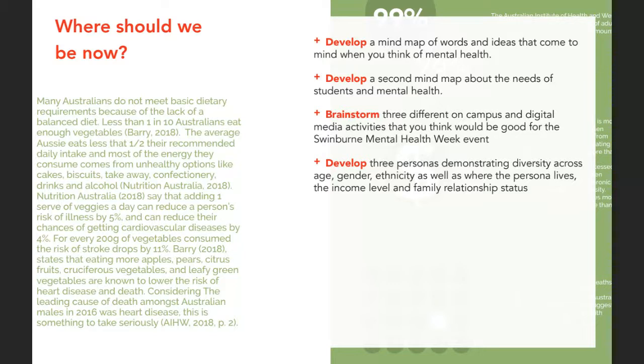So really consider the diversity of the Swinburne student cohort, and look at all of the information in the Swinburne annual report. There's a lot of detail in there about who the students are.